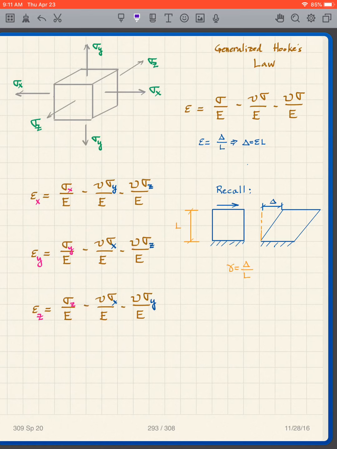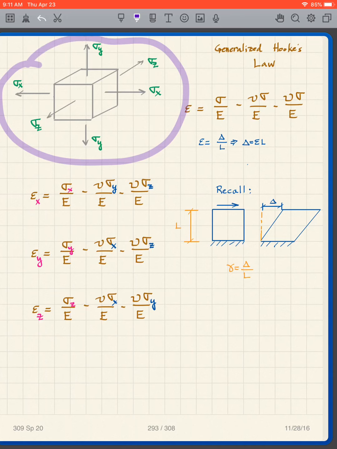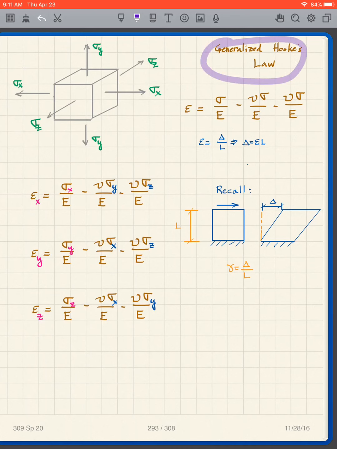In 3 dimensions, it looks like this. We have stresses in all 3 dimensions, sigma x, sigma y, and sigma z. What guides us to compute this is that we just add the effects in the different directions. It's called Generalized Hooke's Law.